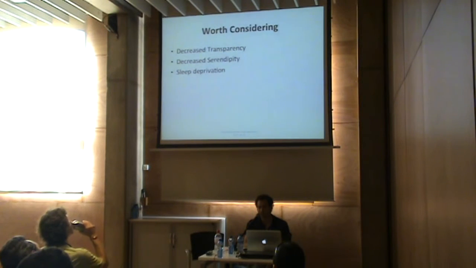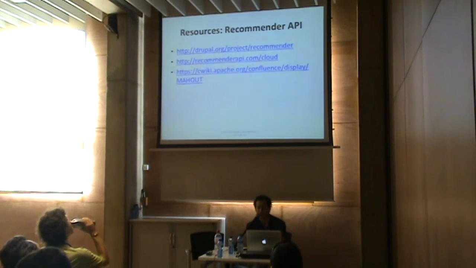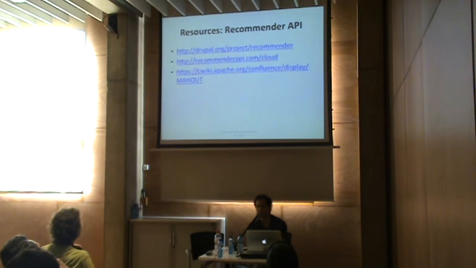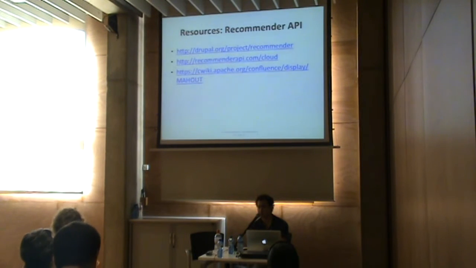So these are the Recommender project and the Recommender API cloud service links. Here's the link to Mahout, which is the third one. That's really useful. The documentation is pretty good, especially if you can read through some Java source code. They have good class documentation for most of the item and the user-based recommenders.